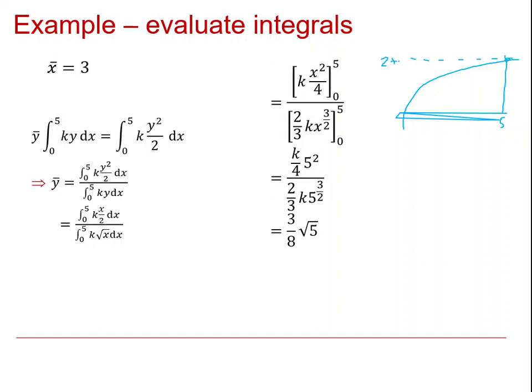I'll put 2 plus, and we're saying that it's about 3/8 of that. So it's going to be somewhere about this level, which seems reasonable. And similarly, we got 3, which, given that there's more mass to the right than to the left, means that our centre of mass is going to come in about there. That seems reasonable. Okay, so the centre of mass finally is 3/8 root 5.